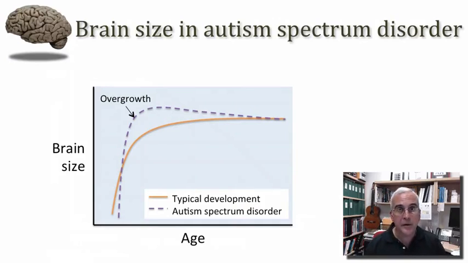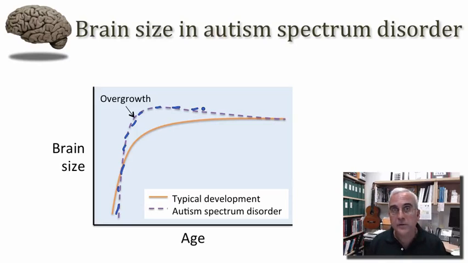What seems to be known about individuals that are somewhere on the autism spectrum disorder is that there appears to be an acceleration of this capacity for synaptogenesis, such that if one simply looks at overall brain size in children that are beginning to be evaluated and diagnosed with autism spectrum disorder, it's very possible that there's actually an acceleration of the rate of synaptogenesis in their cerebral cortex, which results in an overgrowth of the brain, especially involving the cortex of the frontal and the temporal lobes, as well as the amygdala, that we'll say more about in the next unit of the course, as well as the cerebellum.